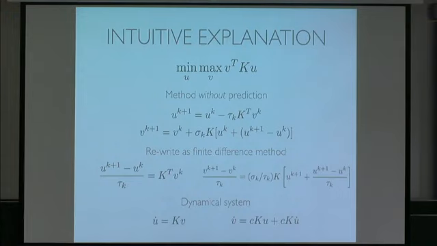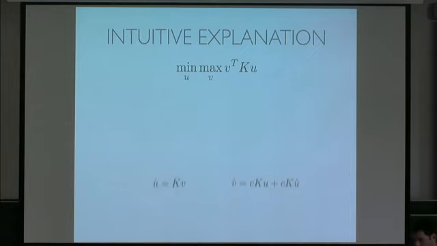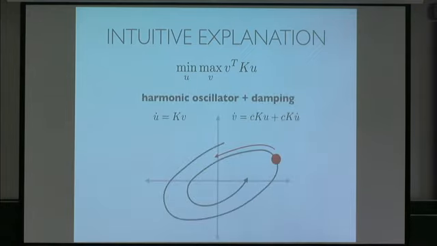So now the derivative of V with respect to time is equal to k times u plus a constant times k times u dot, the time derivative of u. And that is the time discretization of a dynamical system for a harmonic oscillator with damping. And the harmonic oscillator with damping spirals in toward the origin and converges.